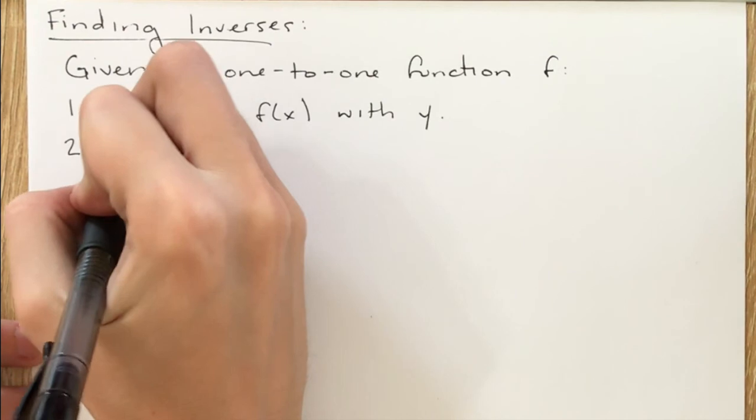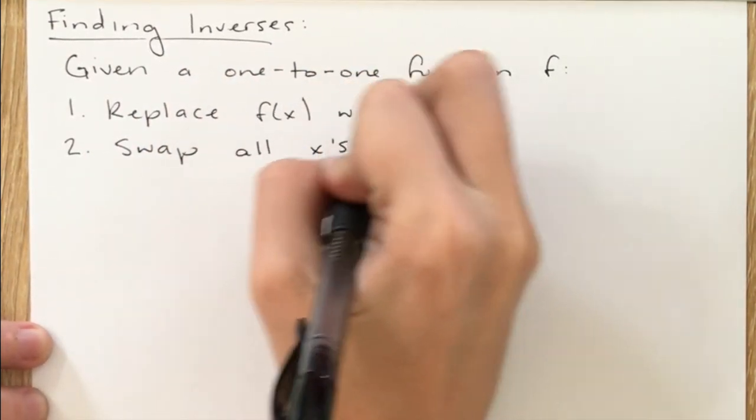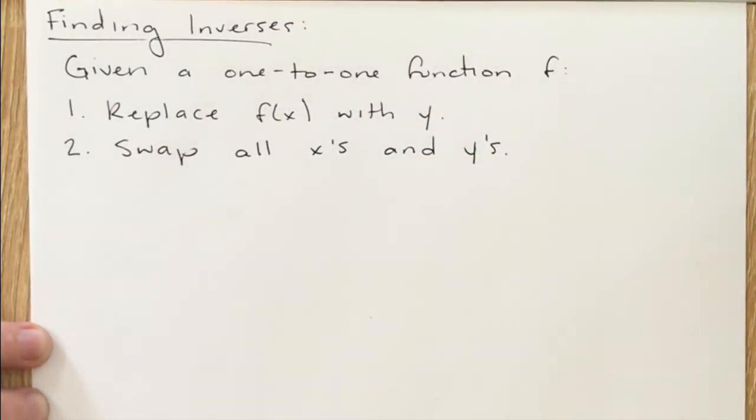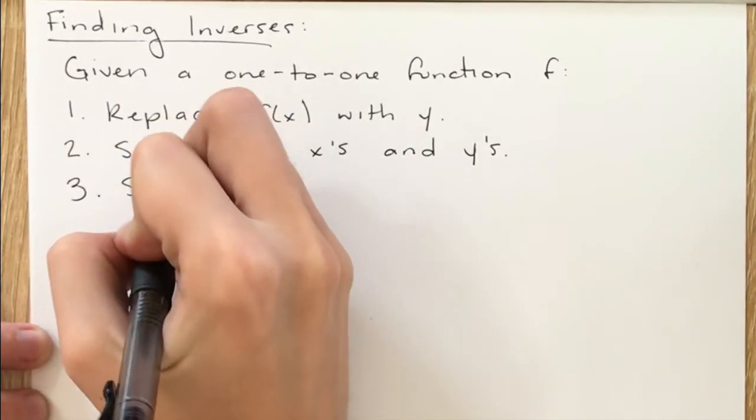We want to swap all x's and y's, right? We want to swap our input and output variables. Then we want to solve for y.